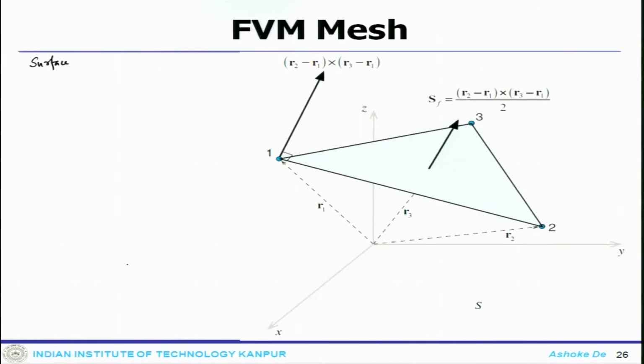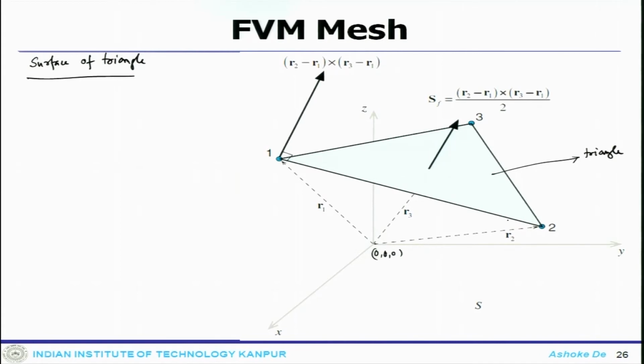So, if you come back to an individual triangle, this is how you define that. In the x, y, z coordinate system, this is your triangle. It has 3 vertices, 1, 2, 3, and from the center of the reference frame, the radius vectors are r1, r2, r3, which is the standard notation.